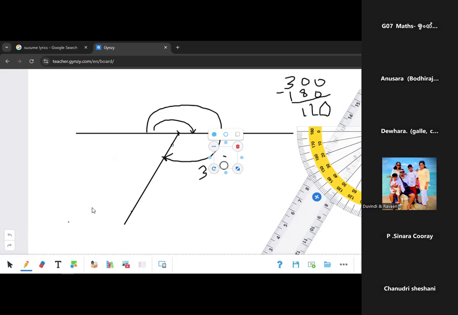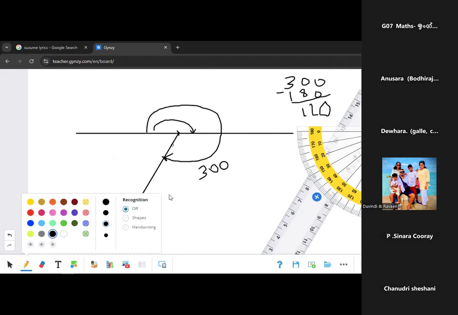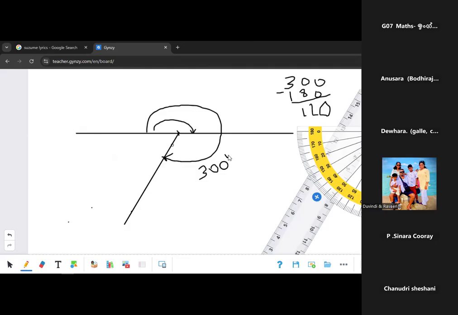That is how we are going to prove it. You know that it is 300 degrees. So this is how we draw a reflex angle by using a protractor and ruler.